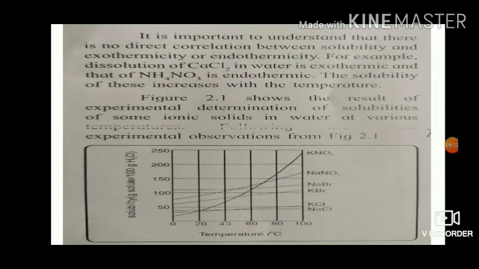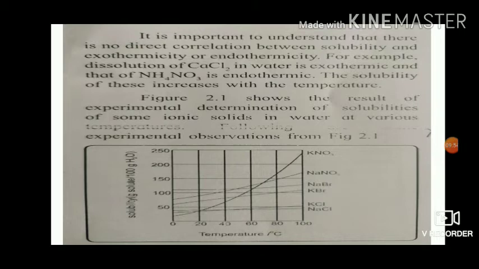In the graph, there is temperature in degree Celsius on the x-axis and solubility of solute on the y-axis. Here we see some ionic salts like KNO3, NaNO3, NaBr, KBr, KCl, NaCl.